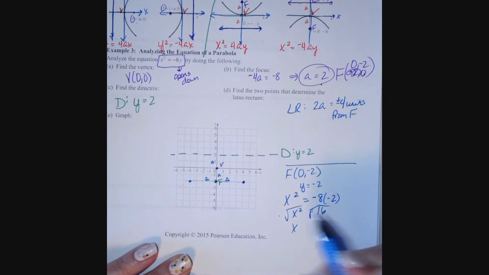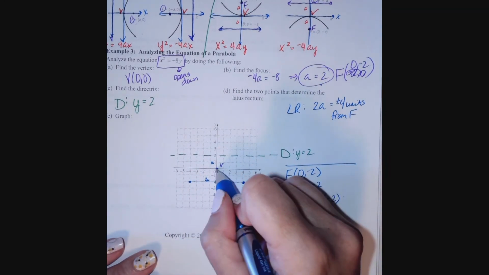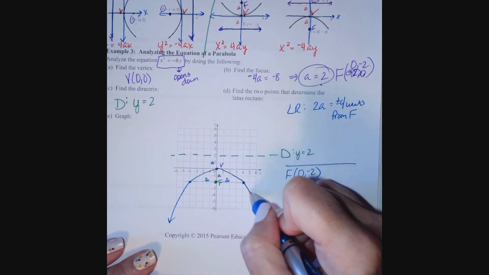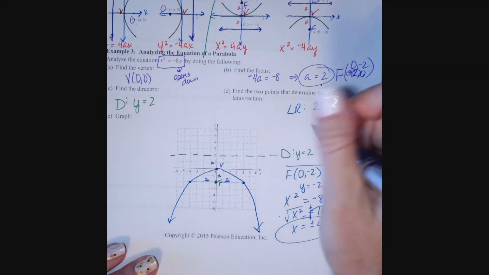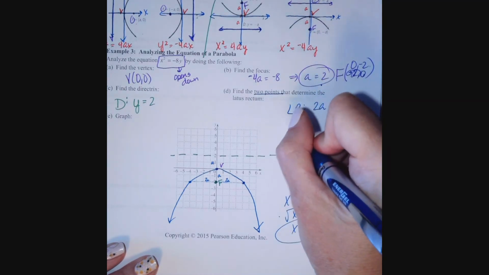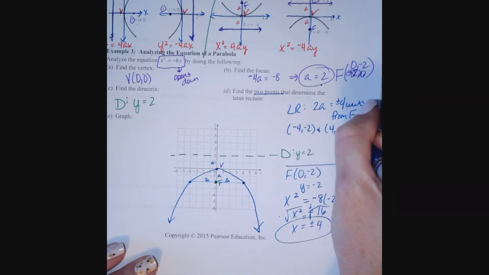That means the x-coordinates for the endpoints of my latus rectum are plus or minus square root 16, plus or minus 4. X-coordinate positive 4, x-coordinate negative 4. I connect those points to my vertex to form my parabola. So the 2 points that are the endpoints of the latus rectum are at negative 4, negative 2, and positive 4, negative 2.